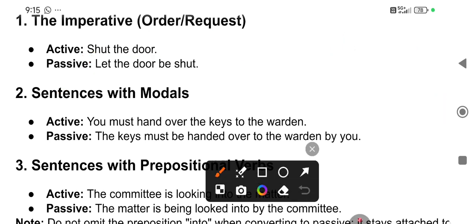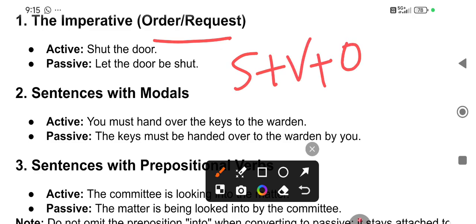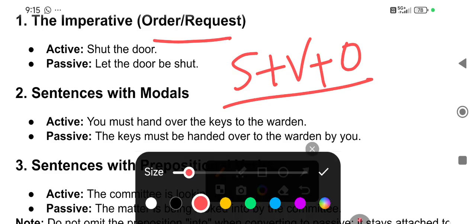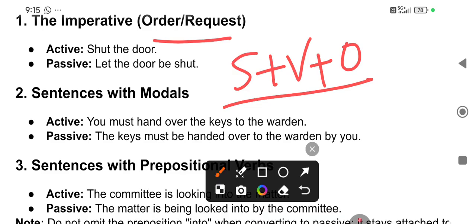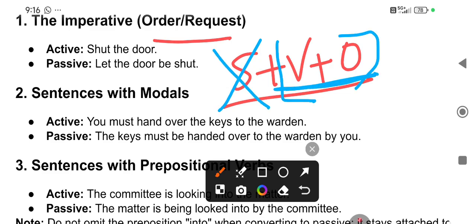One more thing. The normal structure of active voice is subject, verb and object. But for an imperative sentence, there is no subject. The sentence starts directly with the verb, right? You can see that shut is the verb, and the object is the door.